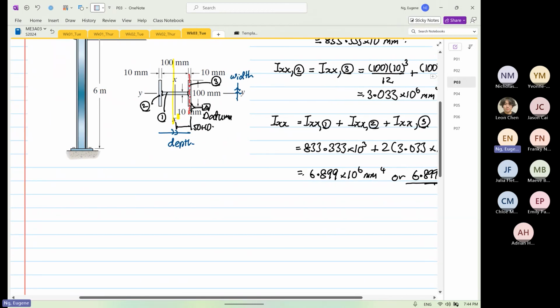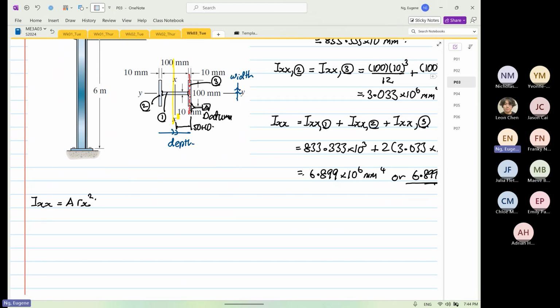So we know that Ixx is equal to A Rx squared. Okay, so Rx is equal to the square root of Ixx divided by area. Okay, so we have to determine the area.